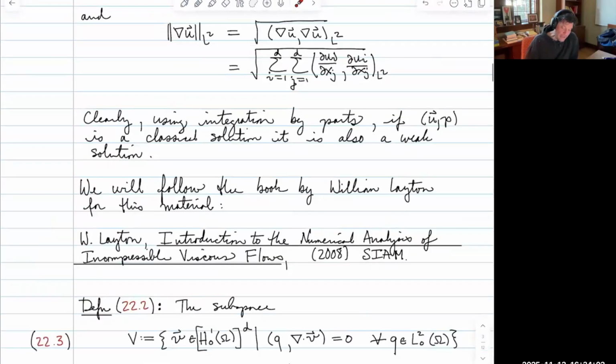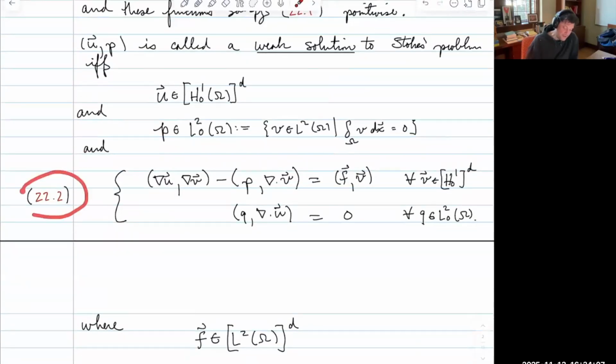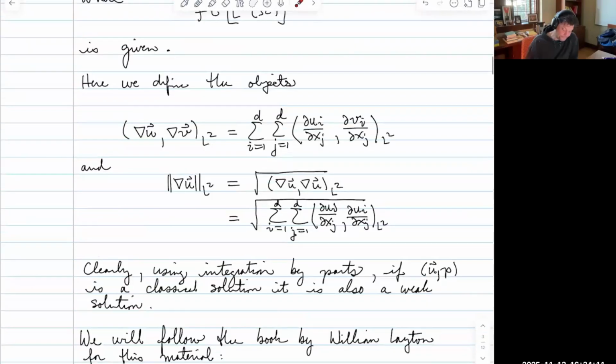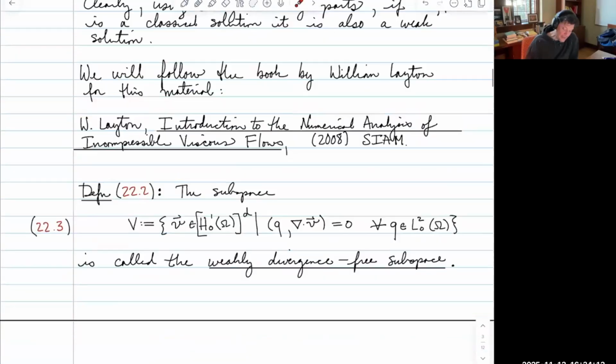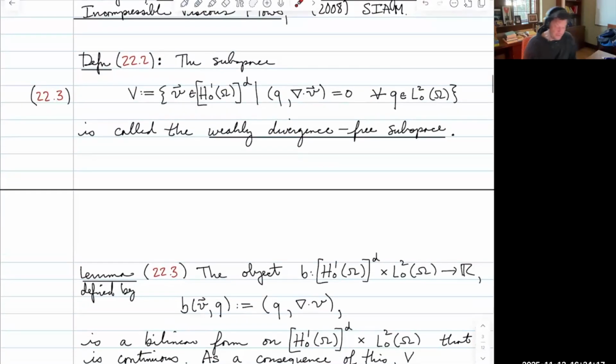Now, as usual, we want to analyze solutions to this weak formulation of the Stokes problem. To do that, it's useful to define a couple of really nice spaces. The first space is called the space of weakly divergence-free functions, or the subspace of such functions.